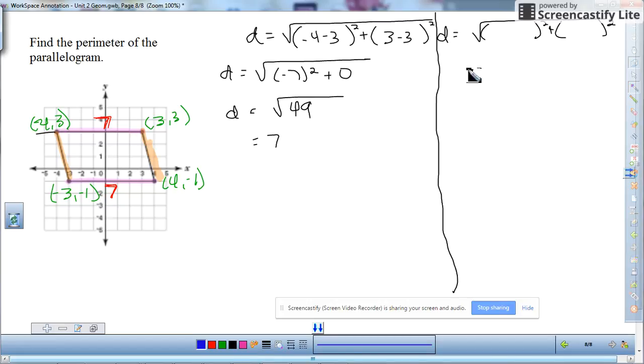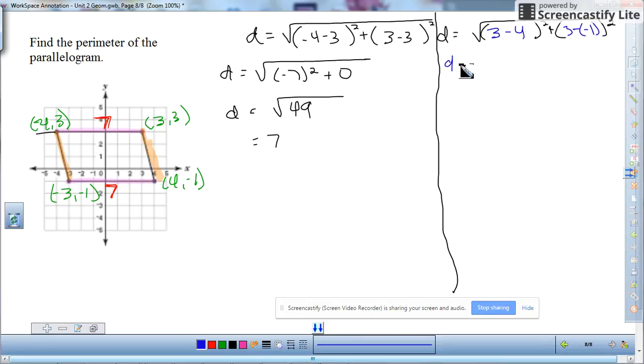So now let's find the distance from 3, 3 to 4, -1. Again, let's find the difference in our x's. 3 minus 4 squared plus 3 minus -1 squared.